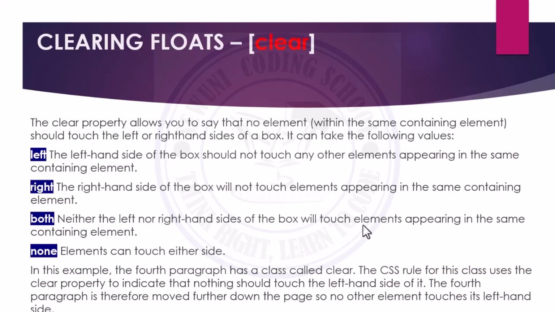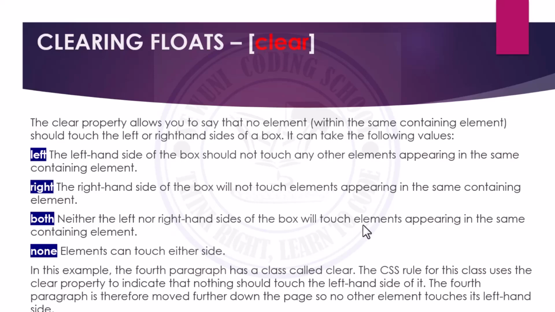If you use right, the right hand side of the box will not touch any element appearing in the same containing element. If you use both, it simply means neither the left nor the right hand side of the box will touch any element appearing in the same containing element. And if you use none, elements can touch either side.